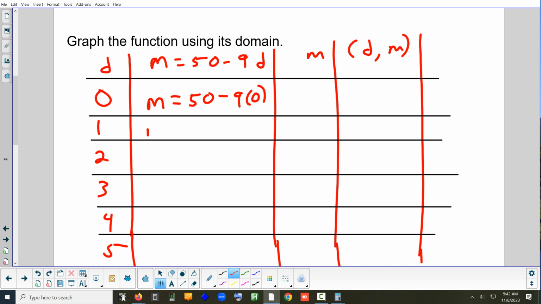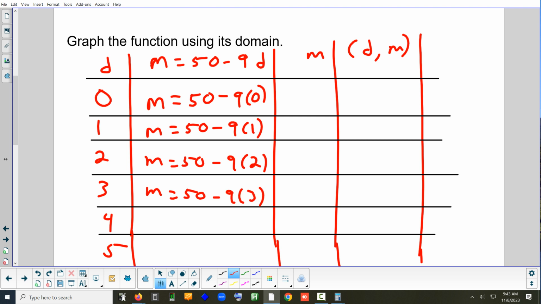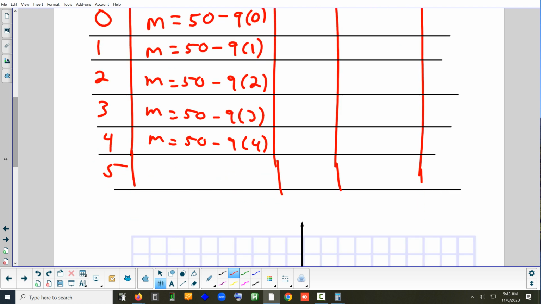Then 50 minus 9 times 1, 50 minus 9 times 2, 50 minus 9 times 3. And then in the next column, we're going to put down the answers to all of these. 50 minus 9 times 5. And you can't do 9 times 6 because that would cost you $54 and you only have 50. So you'd go negative.